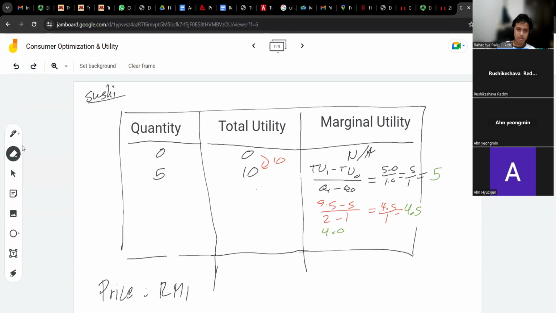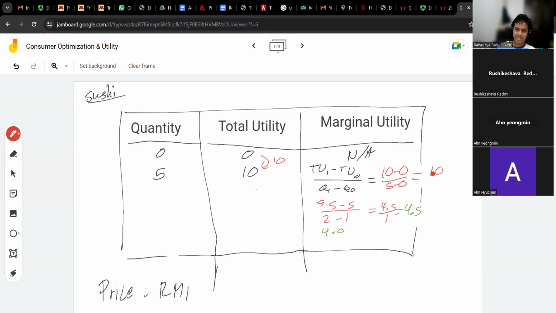Because in this one, it won't be divided by 1. Two. Yeah, it would be 2. How do you get 2? 10 minus 0 over 5 minus 0. Yeah, that's correct. So it'll be 10 minus 0 over 5 minus 0.